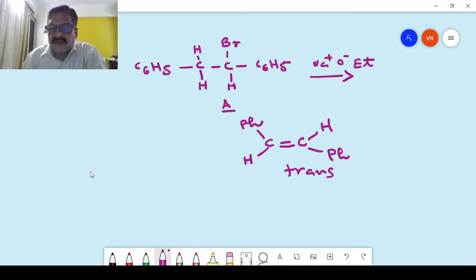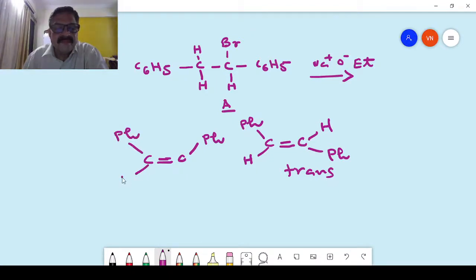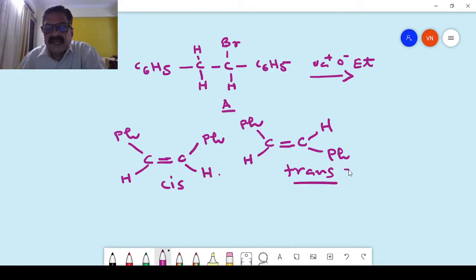The trans alkenes are always more stable. Now we can have the cis alkene also. This is the cis alkene here. So the trans alkene is the major product here.